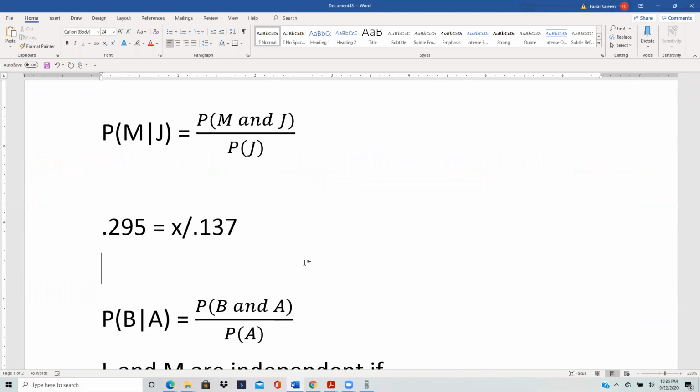So this is an algebra equation. To get x out of here, you multiply both sides by 0.137.